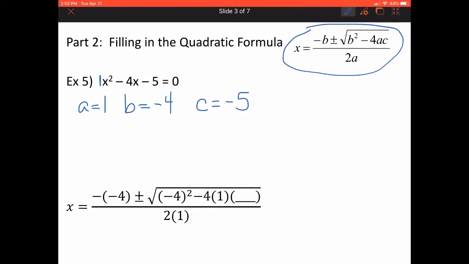If I were to go in order, so x equals, right here's the x equals, and then we have to fill in negative b.